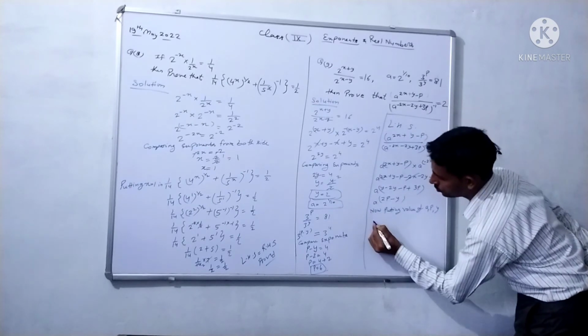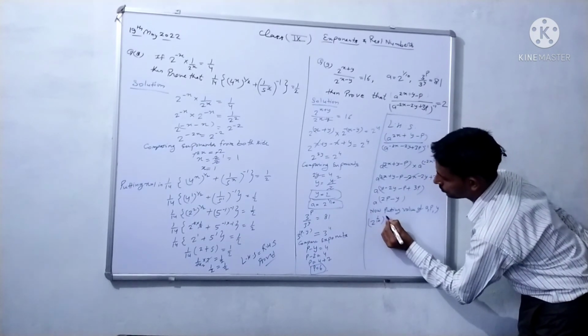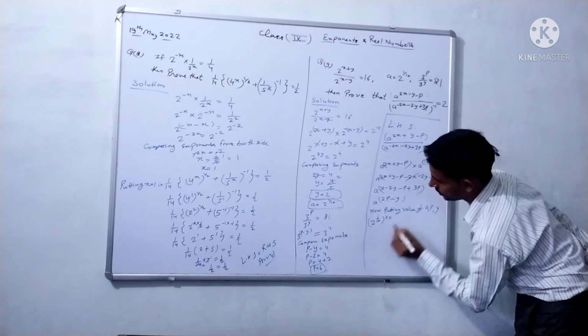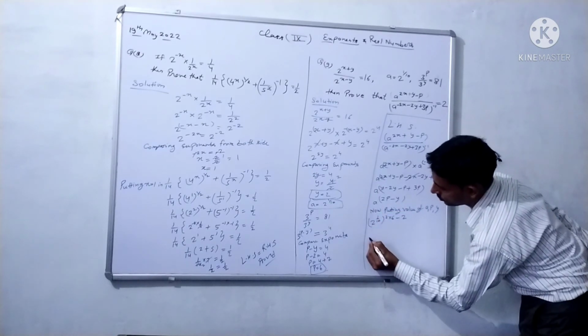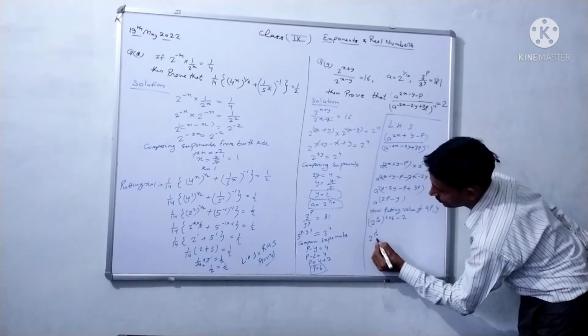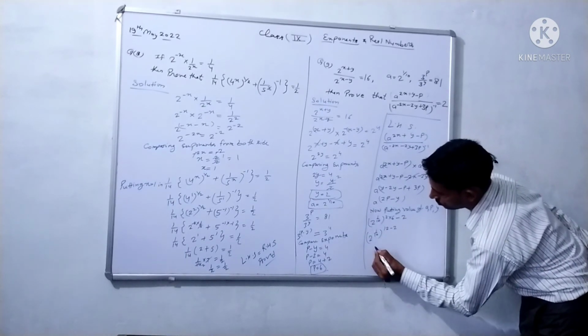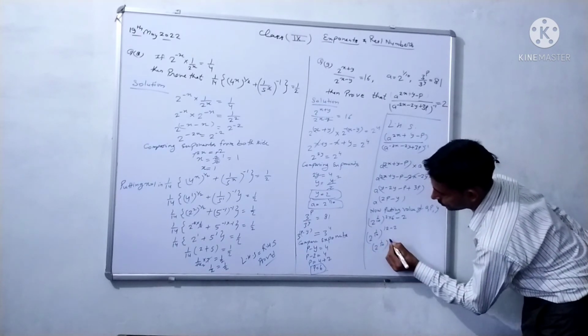Value of a equals 2^(1/10) into the value of 2 into the value of p equals 6 minus the value of y equals 2. We can write (2^(1/10)) whole power 2 into 6, which is 12, minus 2, equals 10.